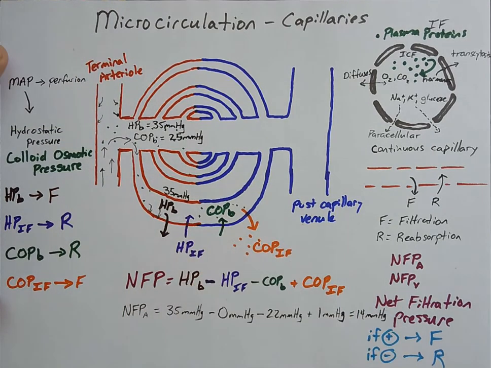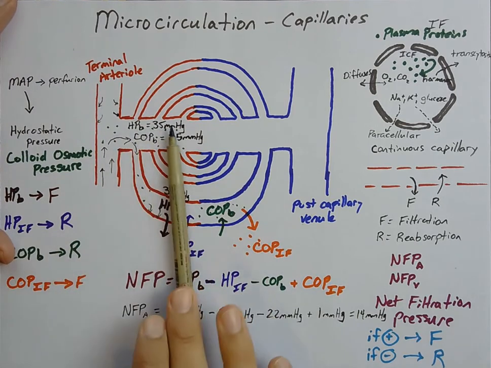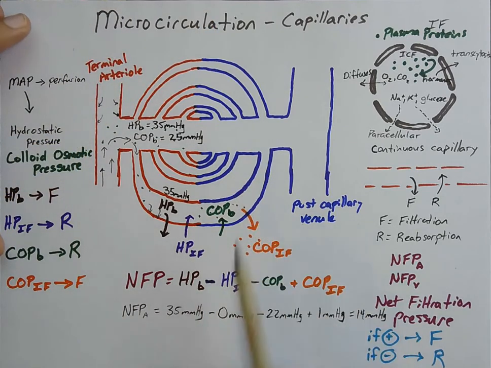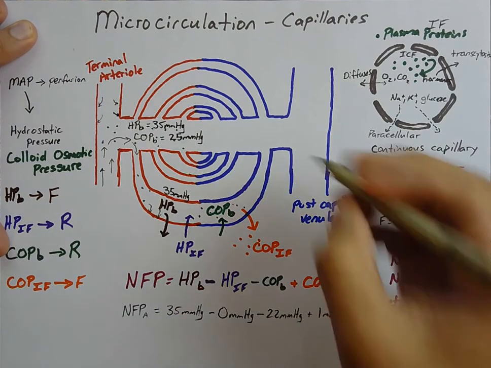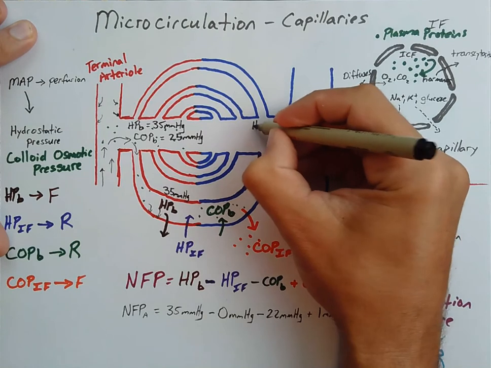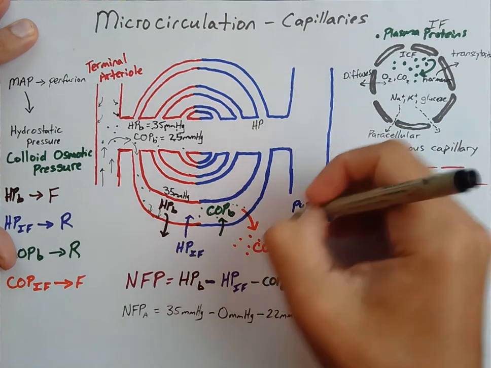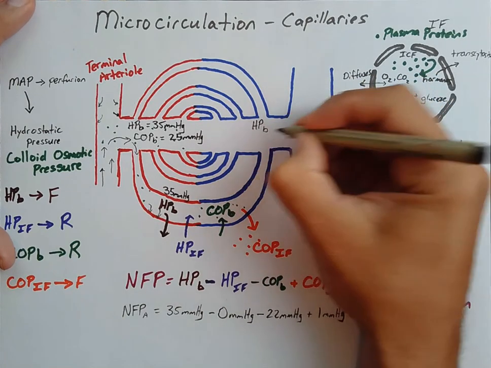Let's look at what happens on the venule side of things. As blood moves through the capillaries and as it spreads out over this very large surface area, and the velocity of that blood decreases and fluid gets filtered out, the hydrostatic pressure on the other side of this and throughout this capillary bed where the surface area is highest, it's dropping.